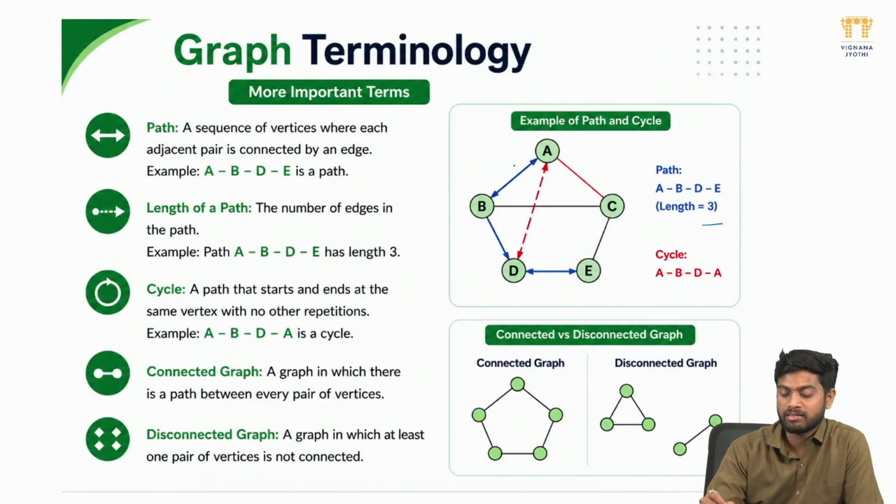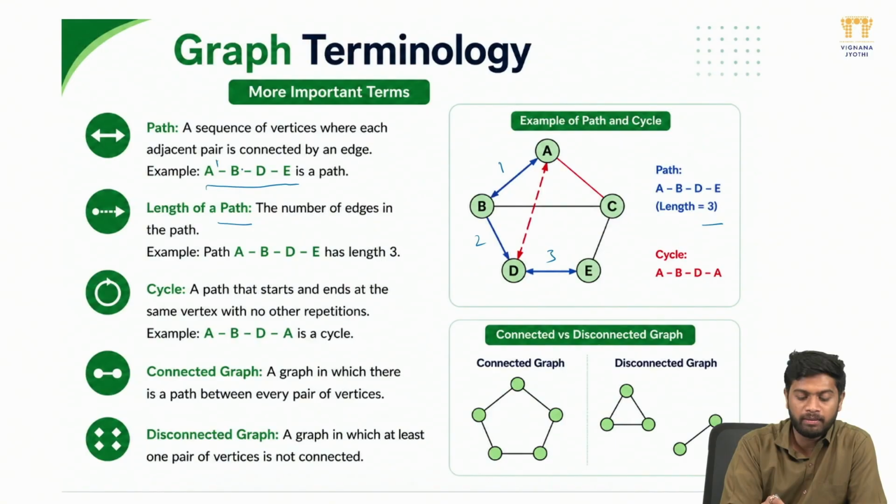A to B, B to D, and D to E is a path. The length of the path defines the total number of edges we are trying to connect. First, second, third. Like this A to B is 1, B to D is 2, and D to E is 3. This defines the length of the particular path.